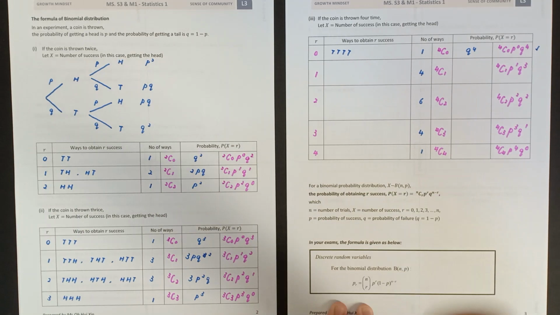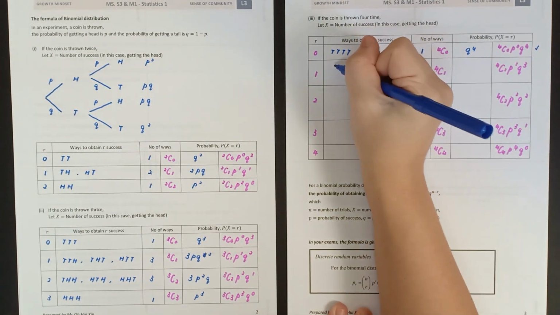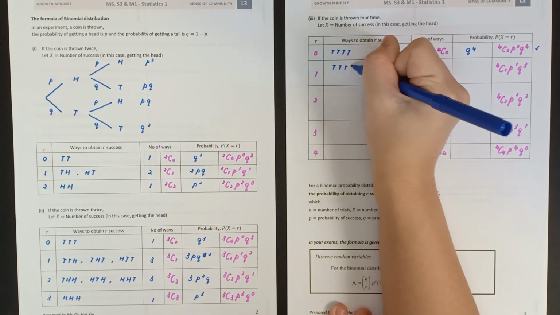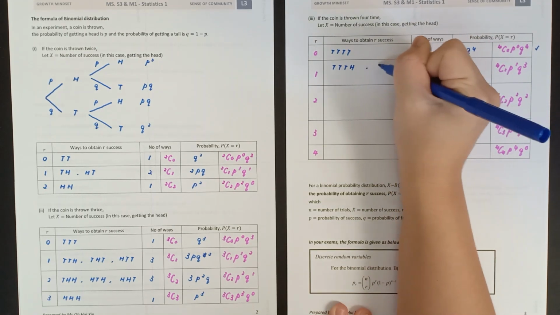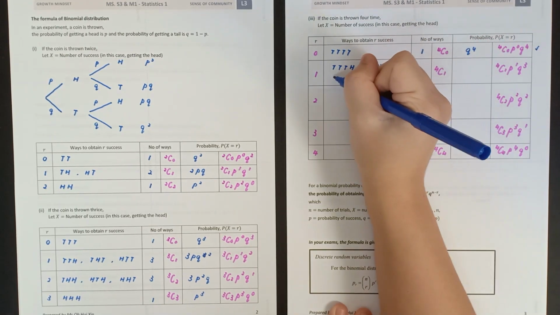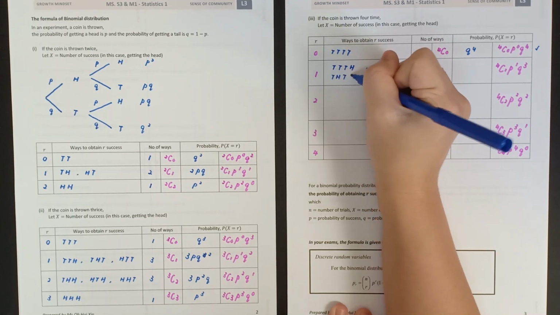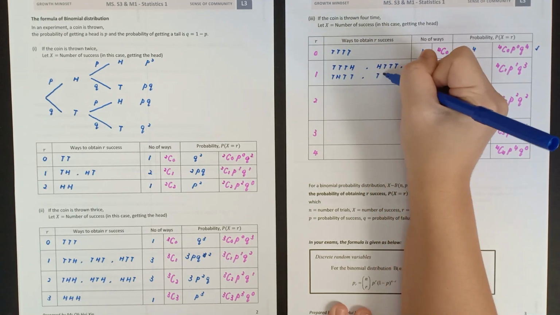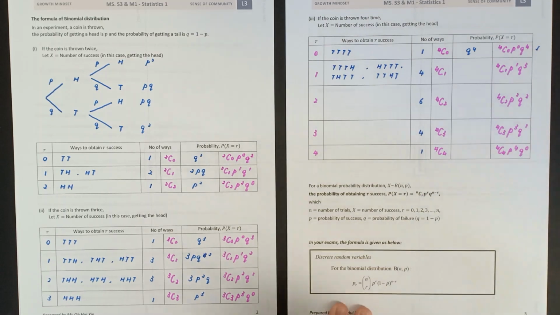So if I want to have 1 hit, then what are the possibilities I have? I have tail, tail, tail, hit. Or I can have hit, tail, tail, tail. Or I can have tail, hit, tail, tail. Or tail, tail, hit, tail. Only 4 ways. I don't have anything else, right?